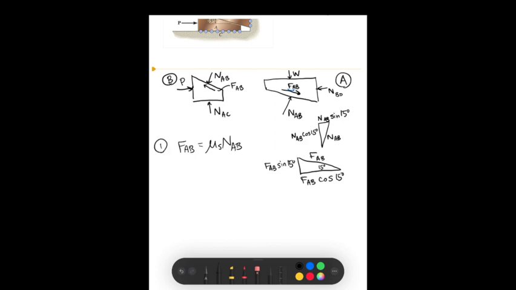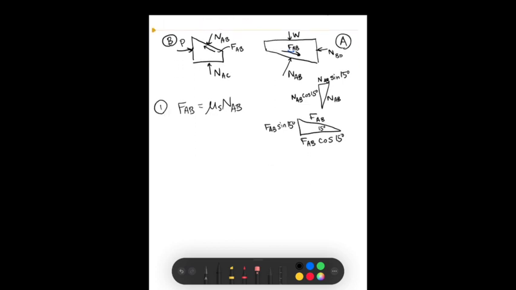So we're going to start with this and call that equation 1. And then for each of the free body diagrams, we can create 4 more equations. Starting with x, I'm going to call this equation 2.